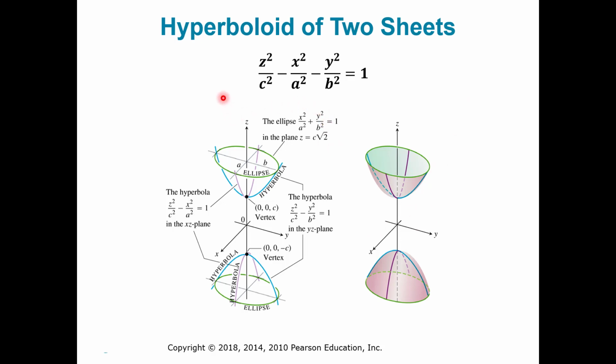So if we break this one apart, notice what you have. If you factor out this negative sign right here, you have an x squared plus a y squared, and that would be your ellipse in the planes parallel to the xy plane. And then if you say just z squared minus x squared, well, there's the hyperbola, the blue here, the pieces of the hyperbola in the xz plane.